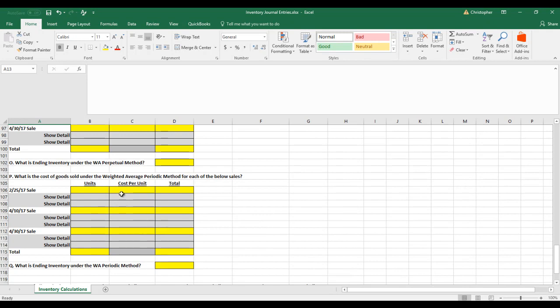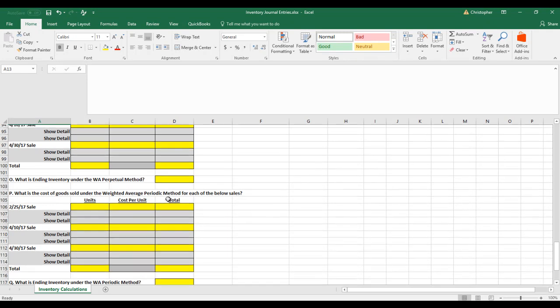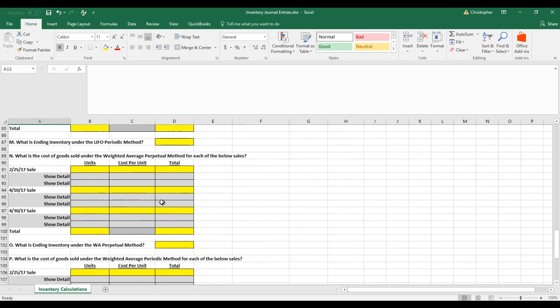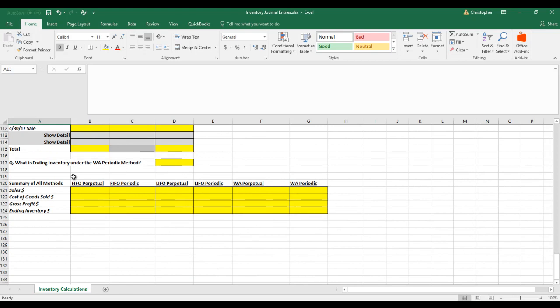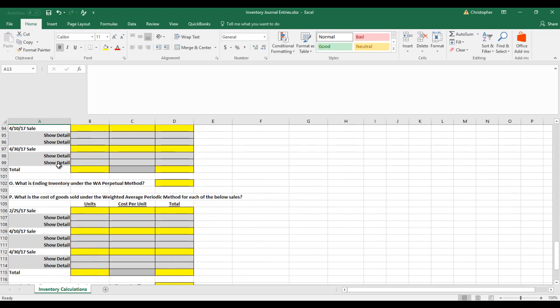We're going to be looking at the cost of goods sold for each of the sale entries, and then whatever's left is ending inventory. Finally, we'll have a summary at the very end showing all six methods: 3 methods times 2 accounting systems.